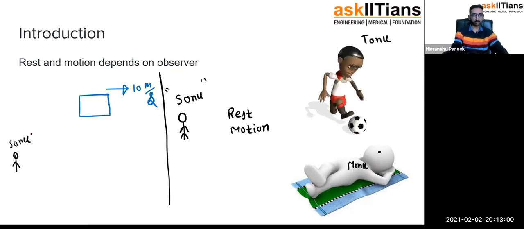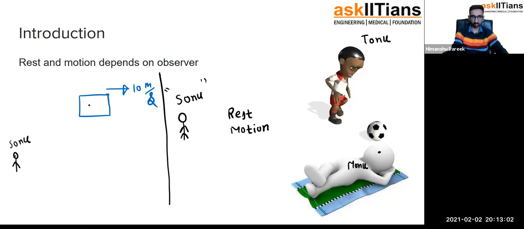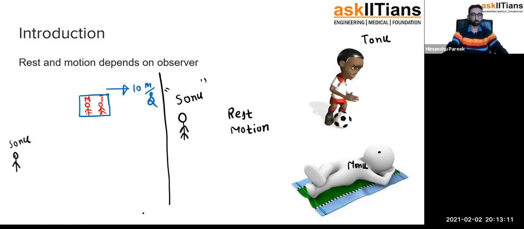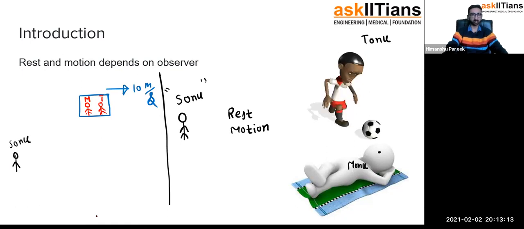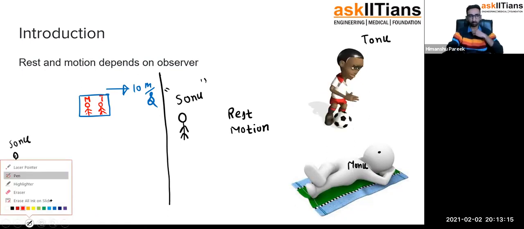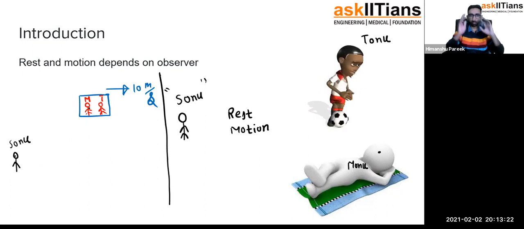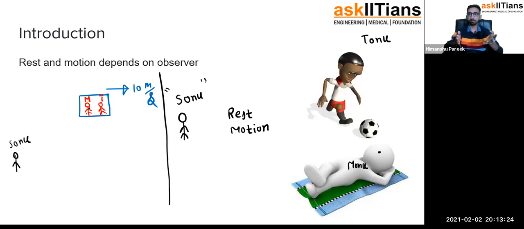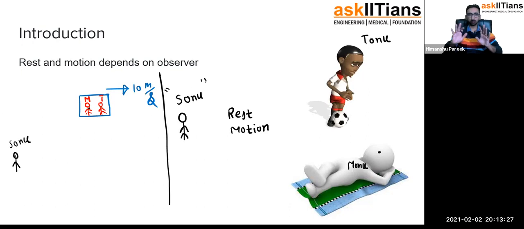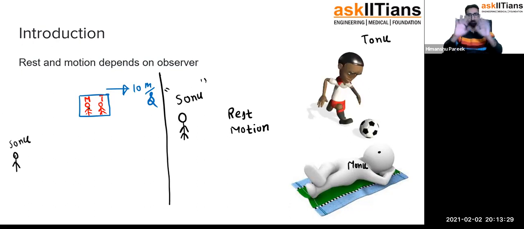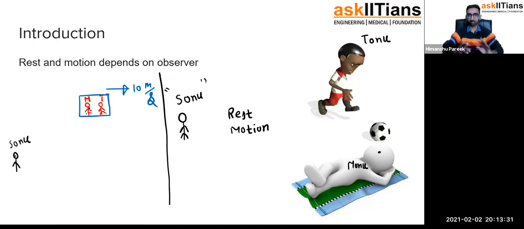Now, there are 2 persons sitting inside the car. His name is Monu and his name is Tonu. So Sonu, Monu and Tonu, these 3 are the people I'm going to talk to you about. And let us ask some questions. We are not sitting here right now. We are somewhere else, not even present in this scenario.